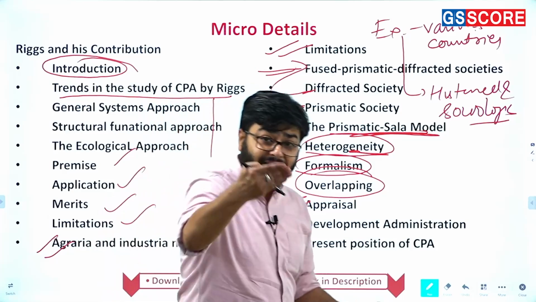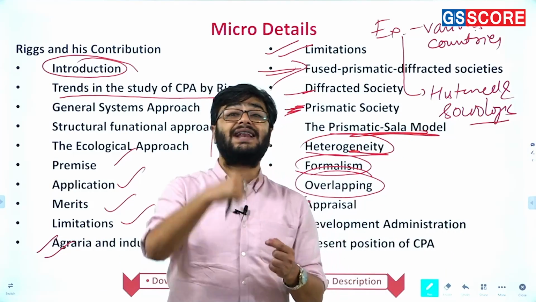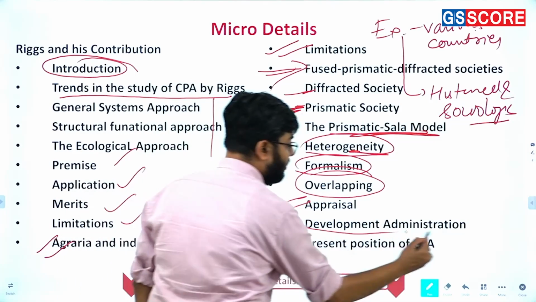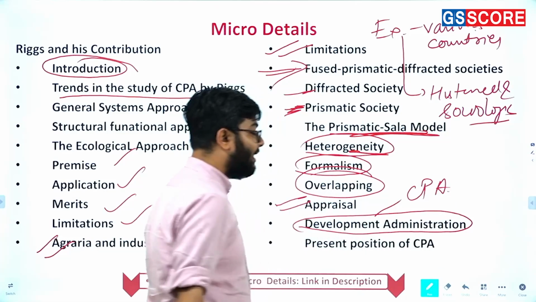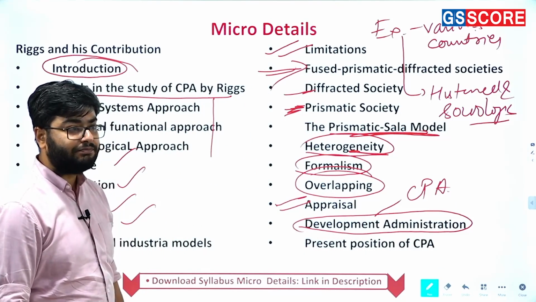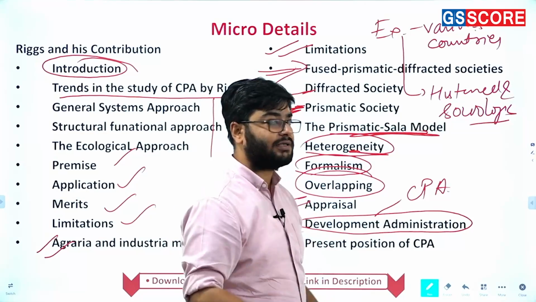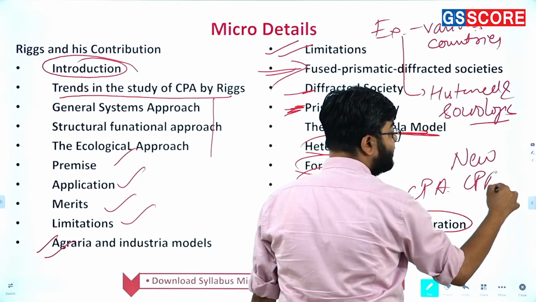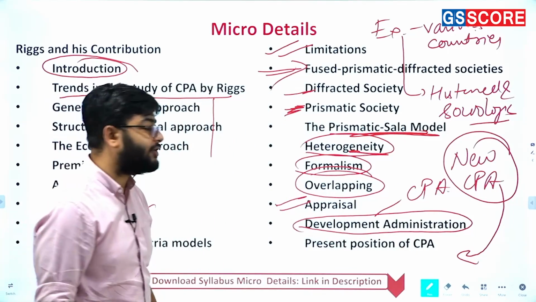And it is here where we will draw a thread towards the next unit, that is the development administration, linking CPA with the development dynamics, and finally arrive at the present status that includes the new CPA as an idea, as a philosophy.